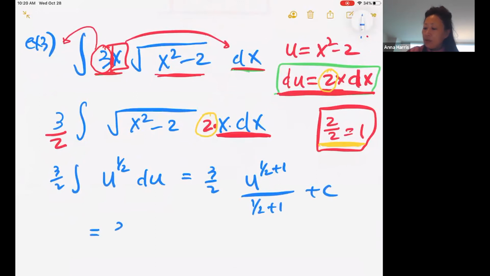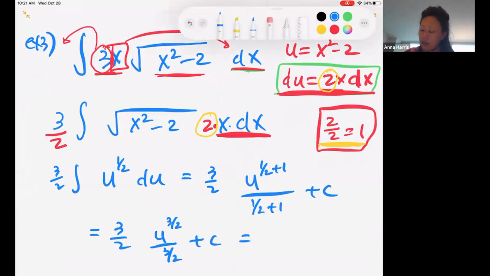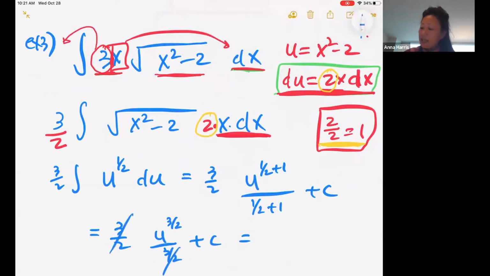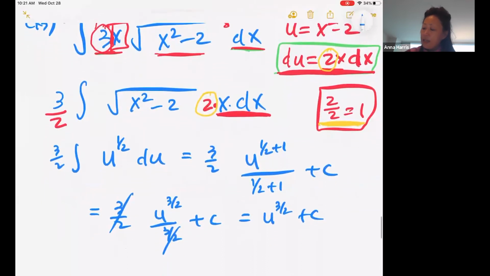That's equal to 3/2 times u to the 3/2 divided by 3/2 plus c. It happens that the 3/2 and 3/2 cancel out, so you have u to the 3/2 plus c. Then we've got it now. You know what u is? U is the square root of x squared minus 2, and then I'm going to multiply everything by 3, plus c.